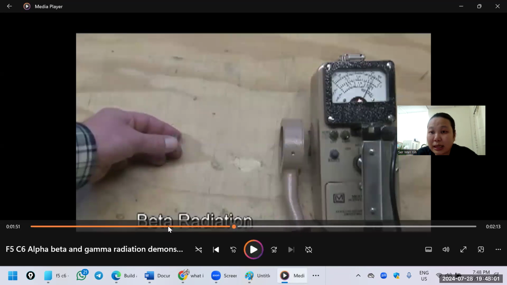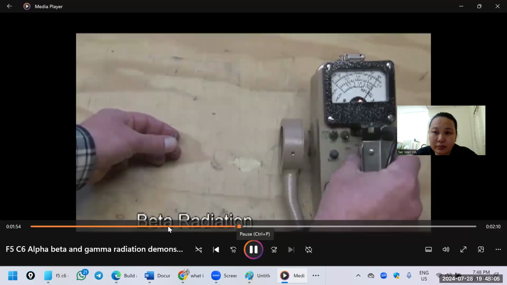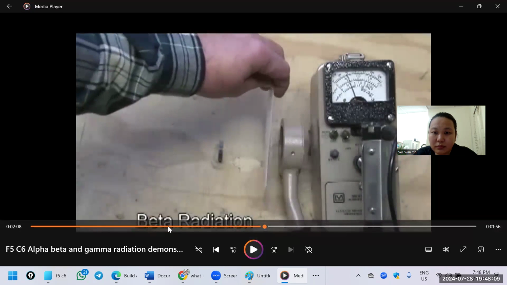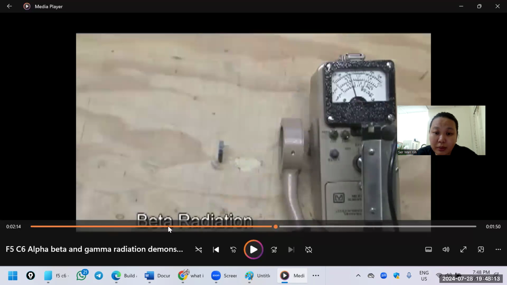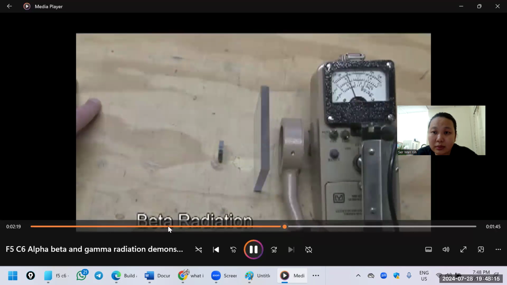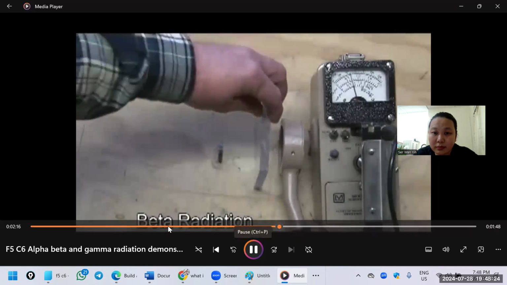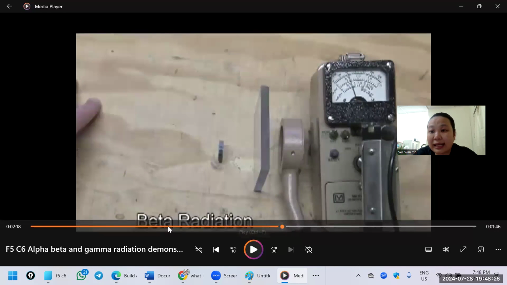Now this is beta radiation. Paper cannot block, so higher penetration power. But the glass can block. Okay. Aluminium also can block.